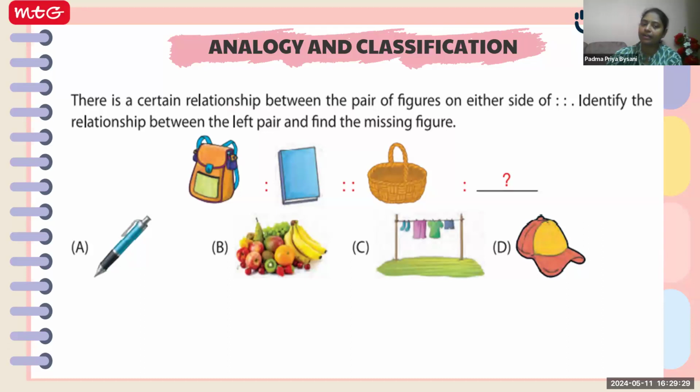What do you put in a school bag, and what do you put in a basket? It's simple common sense, but you are supposed to correlate it. Books go inside a bag, and the things that can be put into a basket are a bunch of fruits, which are in option B. Very good answers, all of you. Perfect.